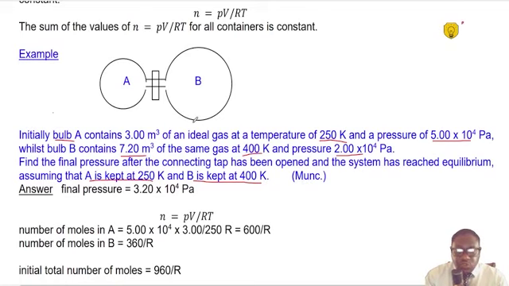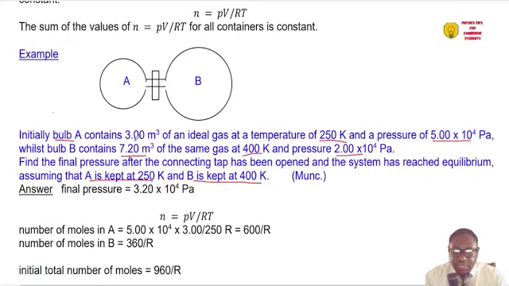The first thing to do is to find the total number of moles in A and in B. We do so by using our equation, n is equal to PV over RT. P in A, we have said, is 5 times 10 to the power of 4, and then V is 3 cubic meters.